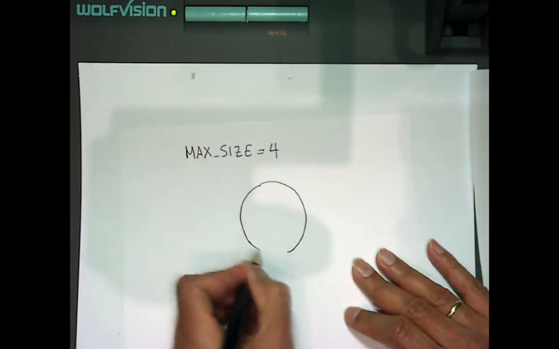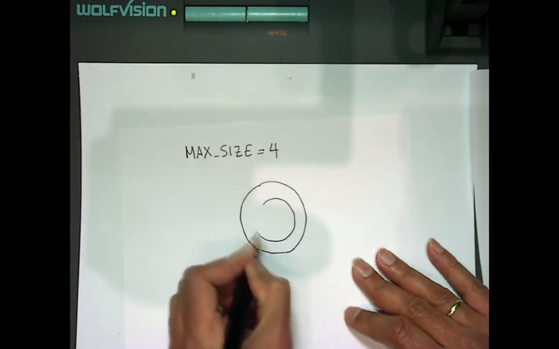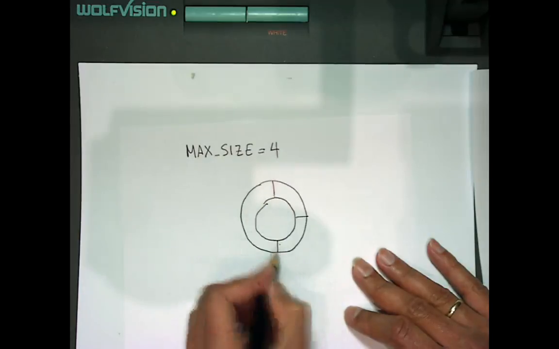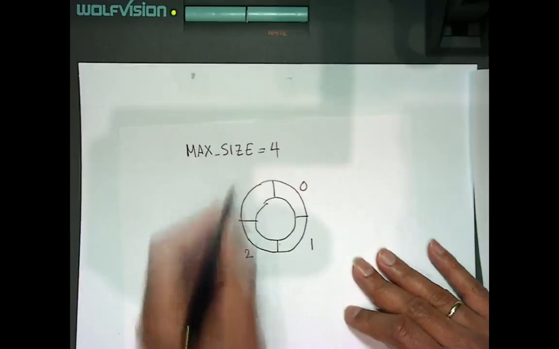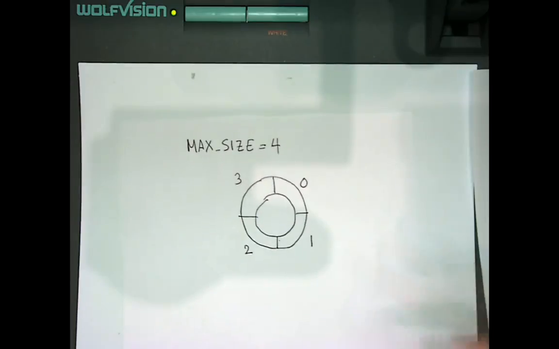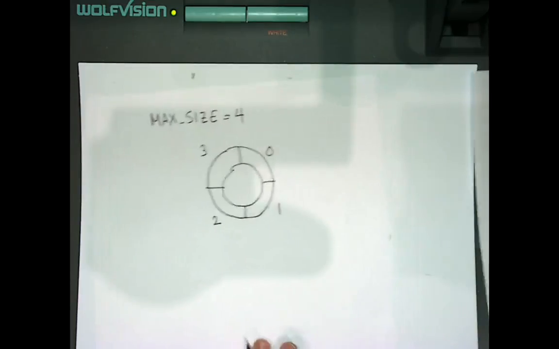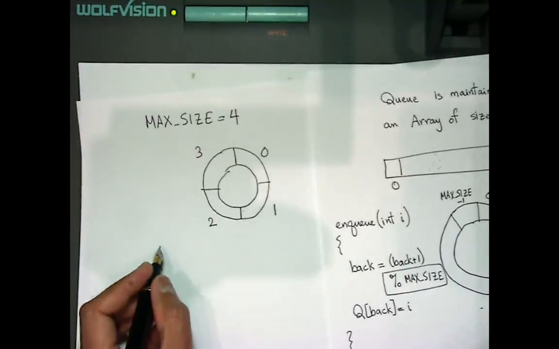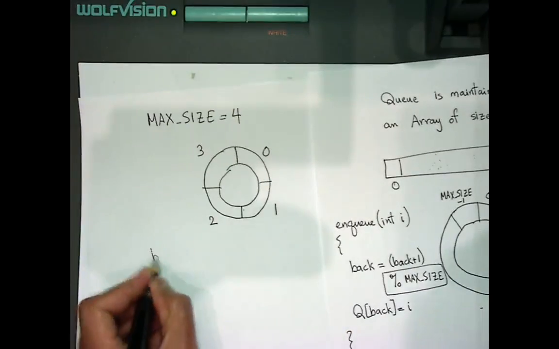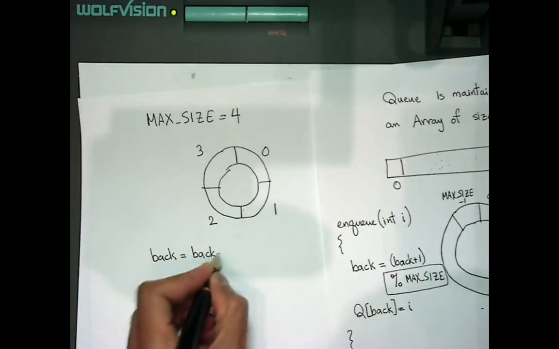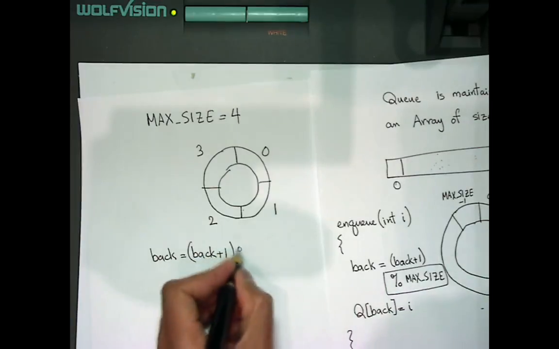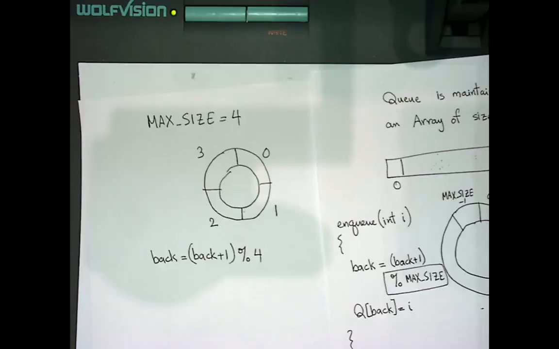So our Q can only have 4 elements, right? The index 0, 1, 2, and 3. And so if I'm looking at what the back index does, it does back equals back plus 1 percentage 4.